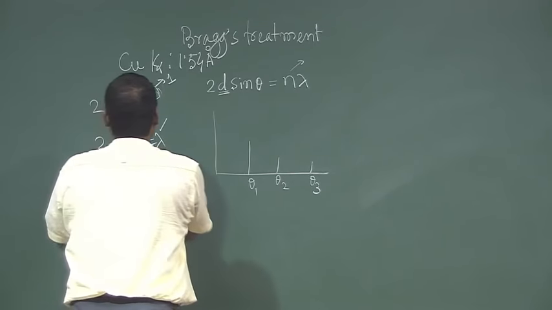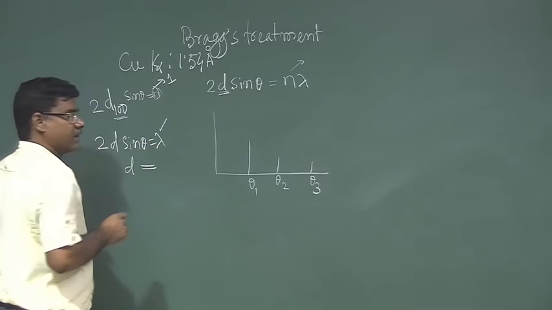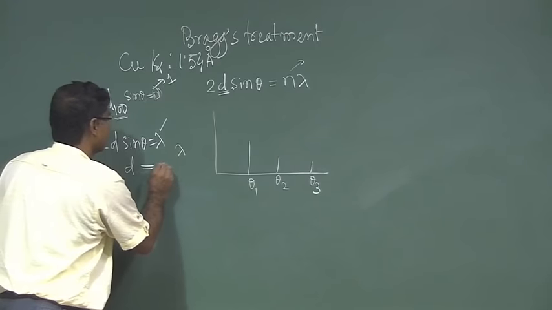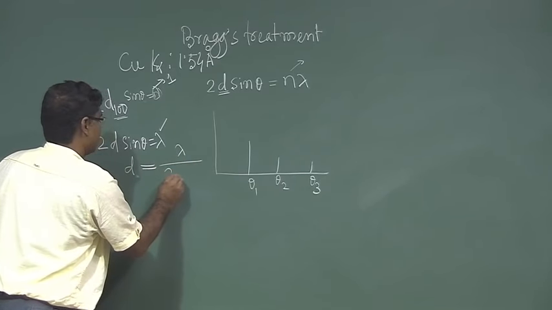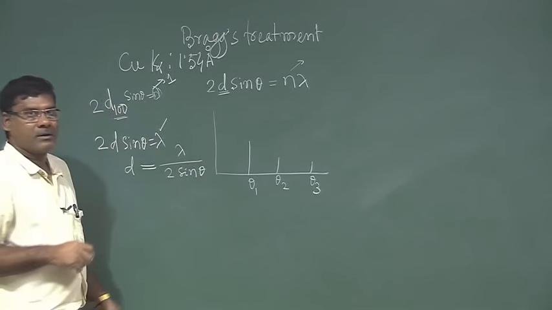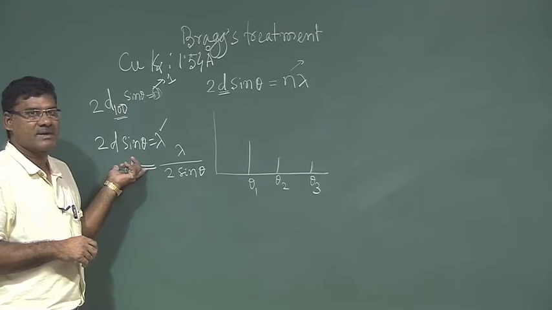From this relation you will get the d value, that is lambda by 2 sin theta, right. So, I will get the lattice spacing d value.